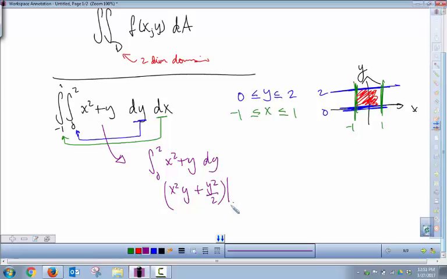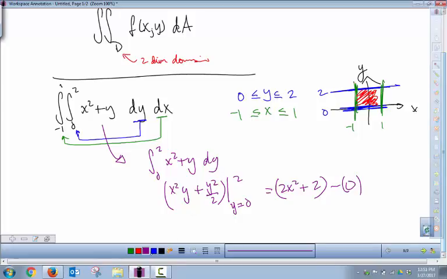You evaluate the y values from 0 to 2, and then you would get 2x squared plus 2. Okay, so that's the inner integral.